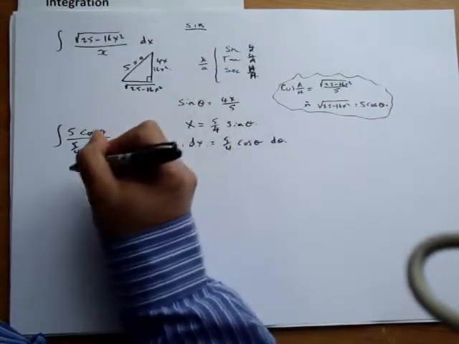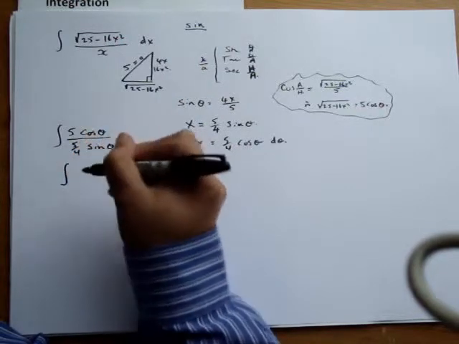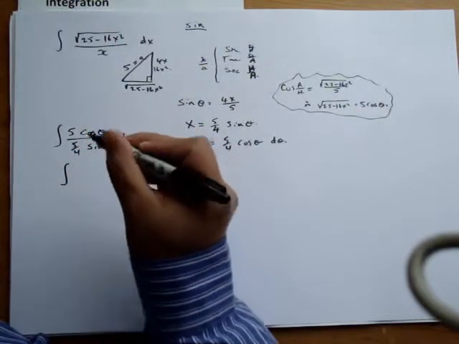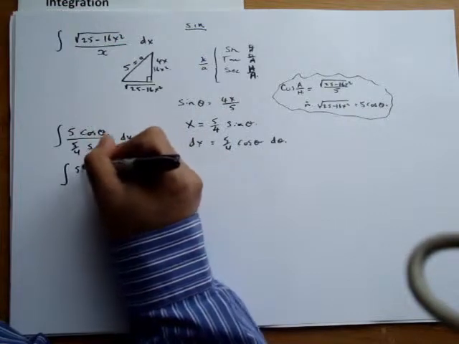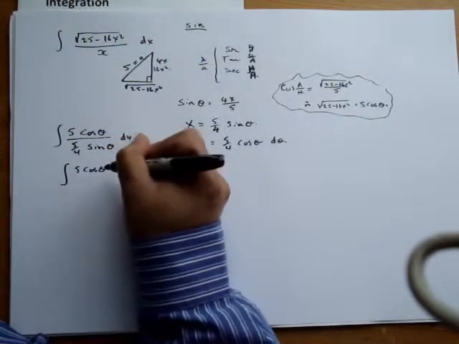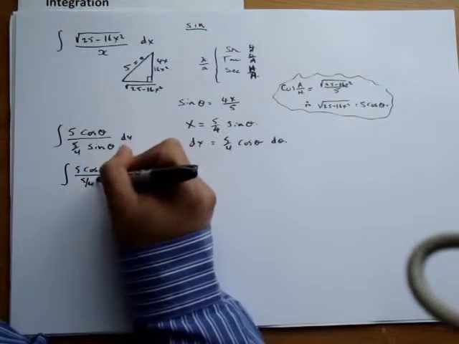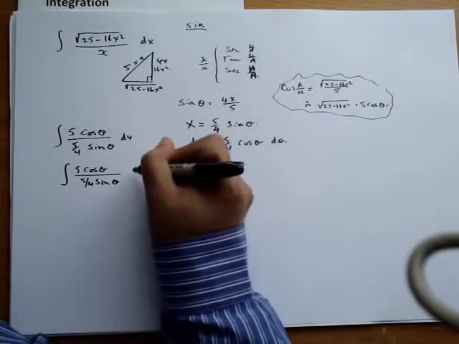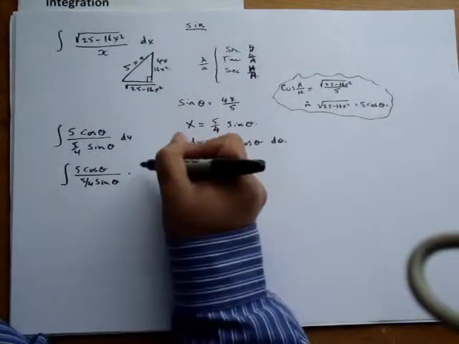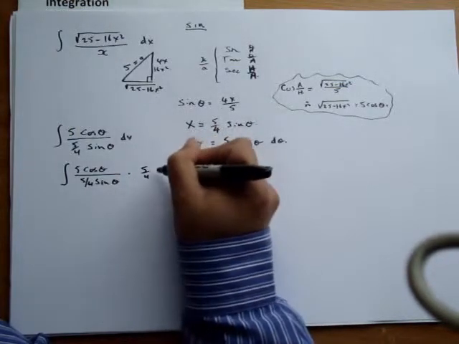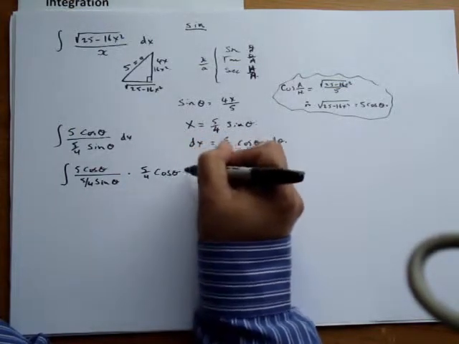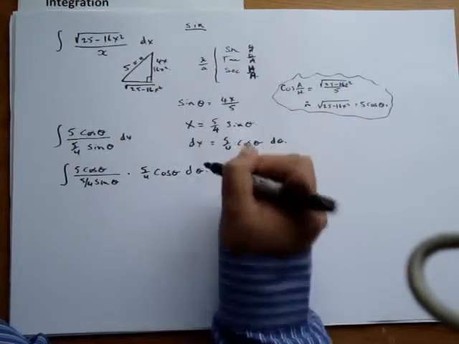And dx. So now we want to replace the dx. So this then becomes 5 cos theta over 5 over 4 sine theta. Dx we said was 5 over 4 cos theta d theta.